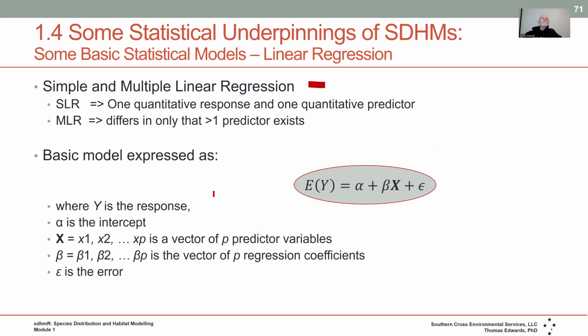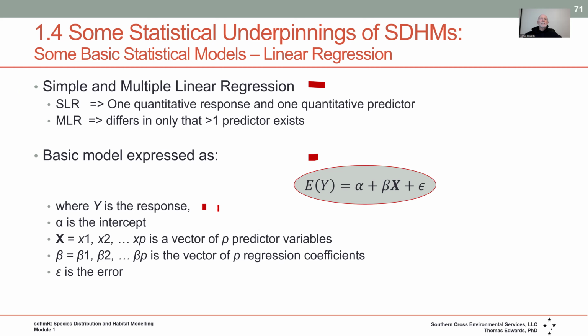So here's our simple and multiple linear regression. You've all seen this particular equation, y equals mx plus b. Okay, this is just the form. Intercept, beta variables, and this.